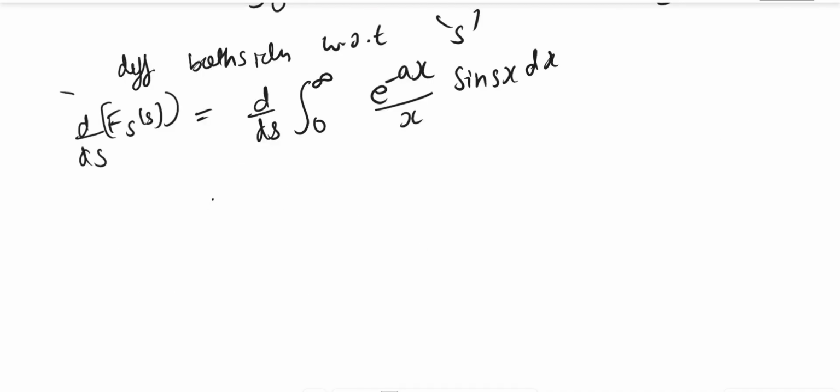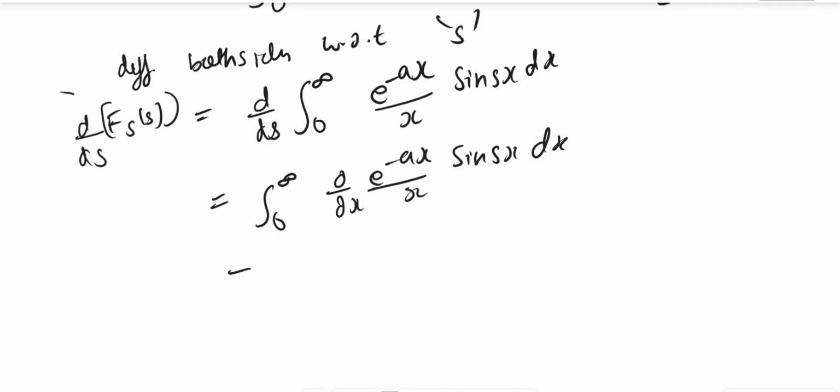So, to solve this integral, it will become the integration from 0 to infinity of the derivative of e raised to the power minus ax upon x, sin sx dx. Now, the derivative is with respect to s. So, we only need this term.